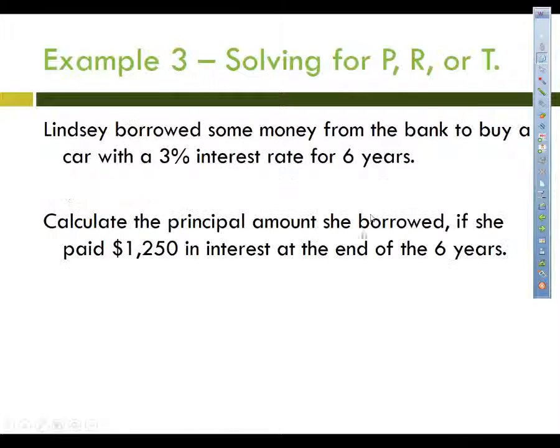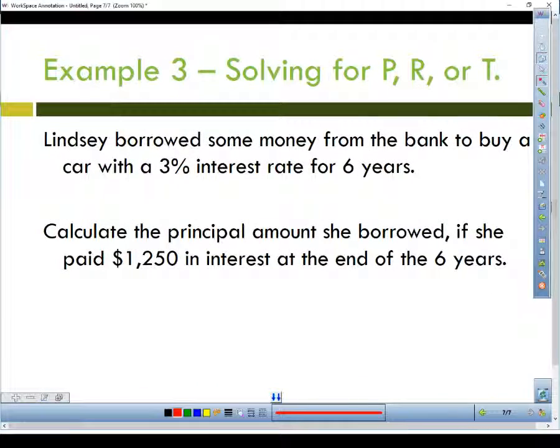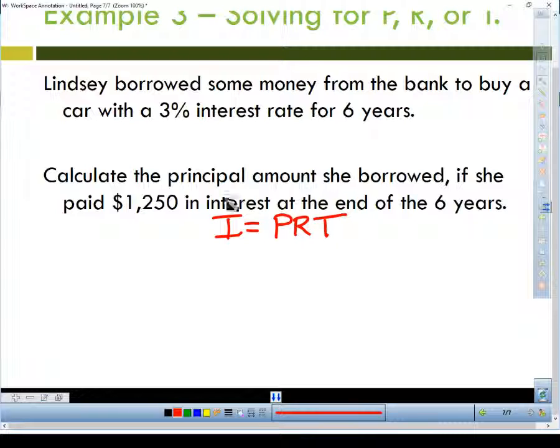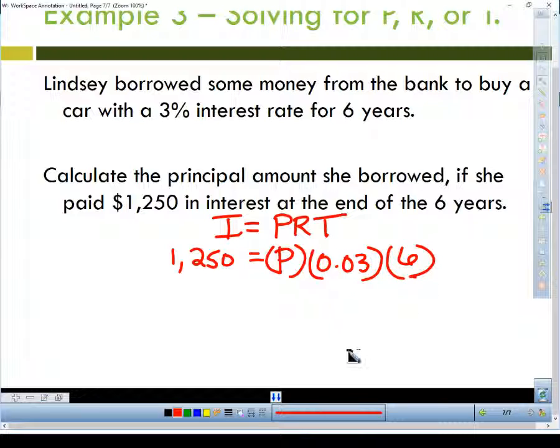All right, and the last one, we have Lindsay borrowed some money from the bank to buy a new car with a 3% interest rate for 6 years. Calculate the principal amount she borrowed if she paid $1,250 in interest at the end of the 6 years. So I equals PRT. We know the interest is $1,250. We don't know the P. We know the interest rate is 3%, so 0.03. And she borrowed for 6 years.